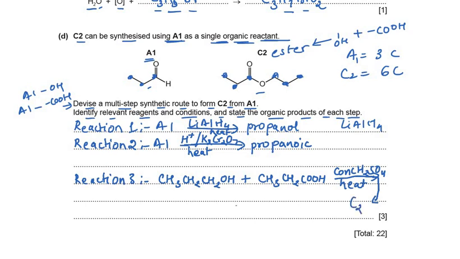C2 we can write as the molecular formula CH3CH2COOCH2CH2CH3. This is the C2 compound which will be formed after esterification of the reaction 1 and reaction 2 products. This is how C2 is formed.